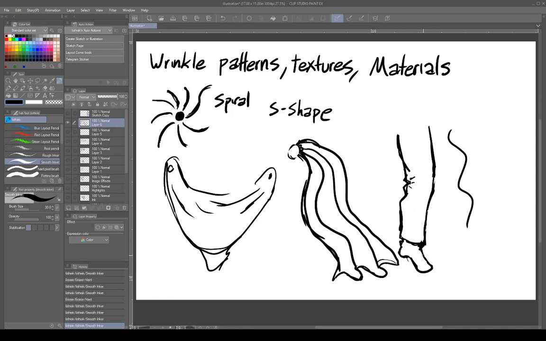Because leather can be a very forgiving material, but if you're making shoes out of it, you want the leather to be nice and hard.